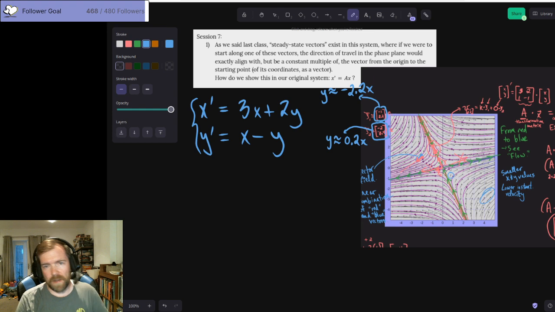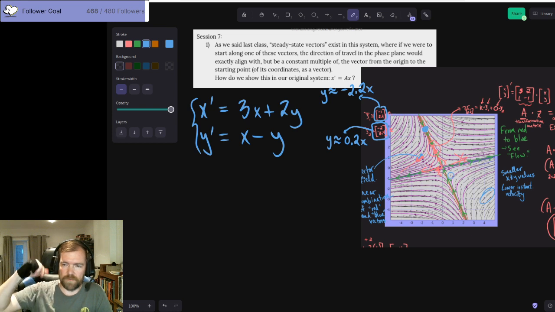Right, and so we did talk about the fact that these steady state vectors, if you ended up starting at any particular point on one of those vectors like here, then the direction of travel that you end up moving on from that point ends up being a constant multiple of the vector that gets you from the origin out to that initial point.